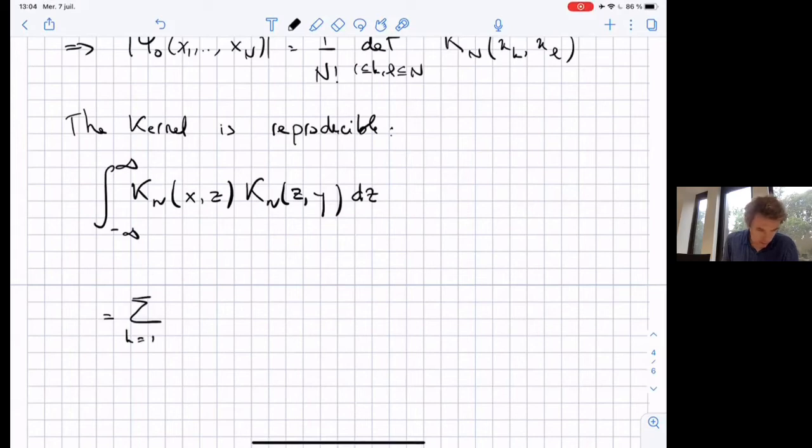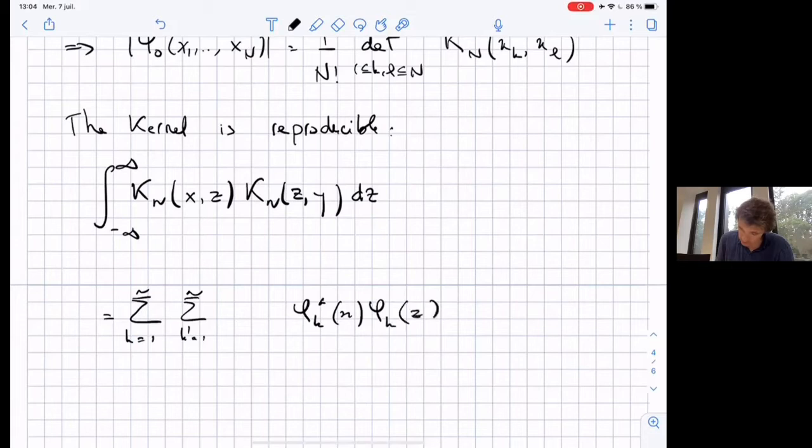This is just a sum over k from 1 to n, a sum over k prime from 1 to n, of phi_k star of x, phi_k of z, and then phi_k' star of z, phi_k' of y, and now I integrate over z from minus infinity to plus infinity.